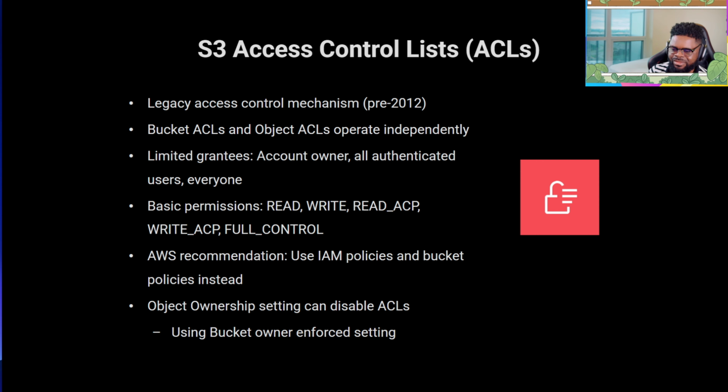So there's read, write, read ACP, write ACP, and then you can also give someone full control over a bucket or an object, right? And then you can also disable it. It can be disabled, right? So if you set the object ownership already, it automatically just disables ACL in an account. And you see when we're creating a bucket, once you enforce the owner, right?